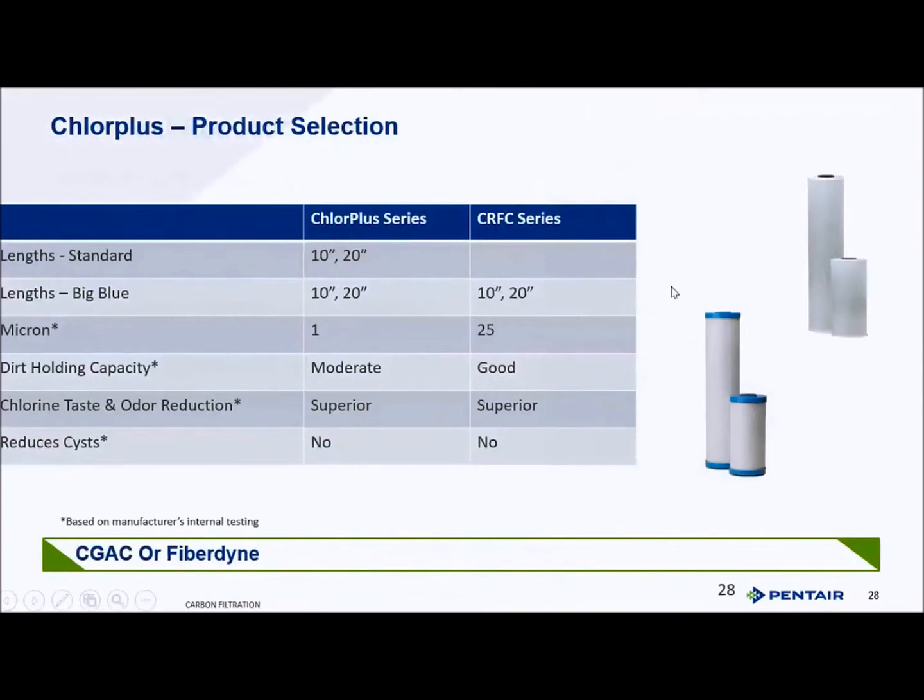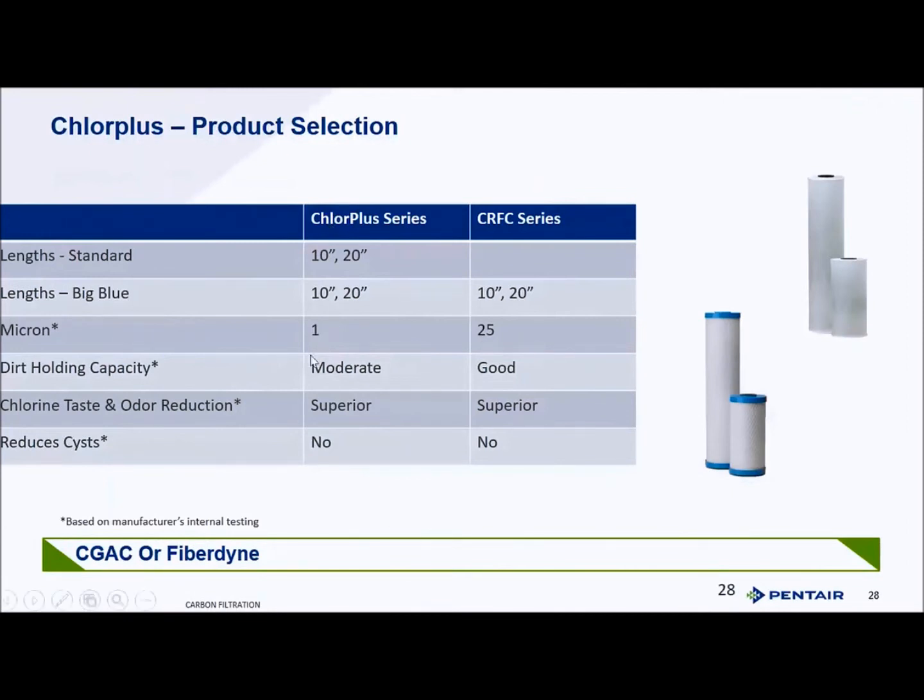The first product we're going to look at is our Chlor Plus line. Now, Chlor Plus is an interesting cartridge because this is not the same technology in these filters. These are both radial flow carbon filters, but the Chlor Plus series is a GAC filter with a 25 micron wrapper around it, so that we're just getting good taste and odor removal of the chloramine in the situation.